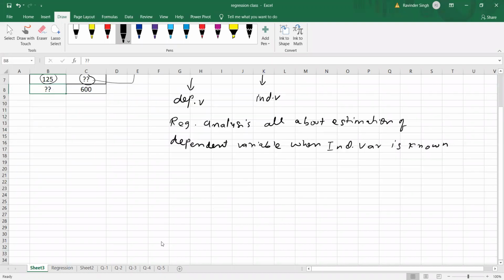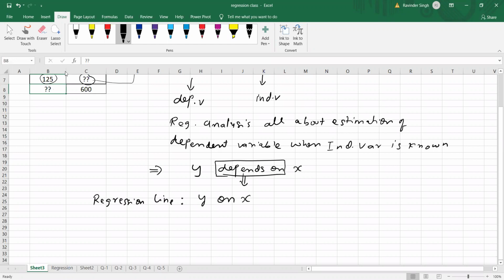So we have one term which we call that y depends on x. Basically, we say y on regression on x, then I am able to predict the sales.